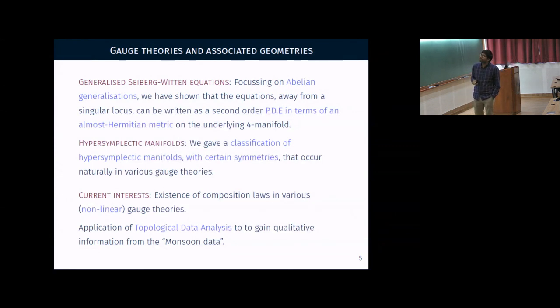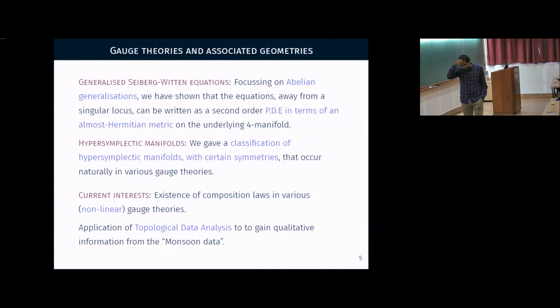What we have been able to show is that at least the abelian generalizations can be expressed purely as a second-order partial differential equation in terms of an almost Hermitian metric on the underlying manifold, away from some singular locus. This is a generalization of one of Donaldson's results, and is applicable to a much wider family.